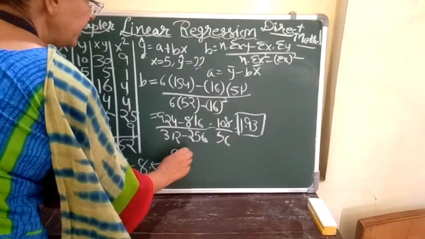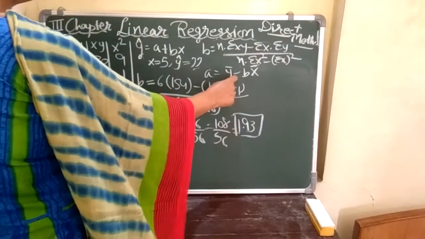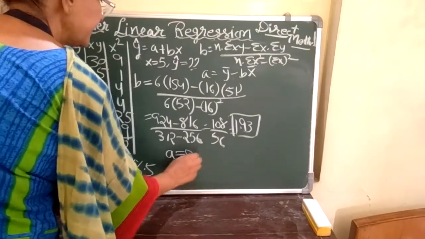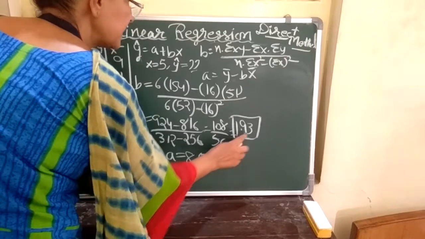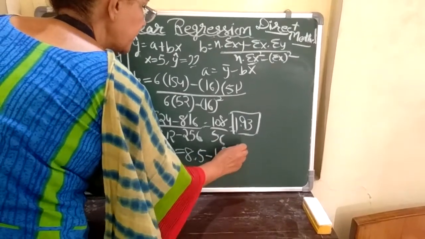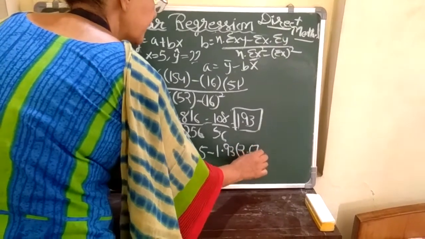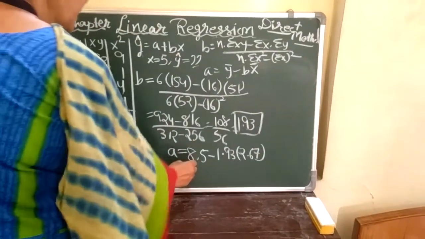Now we will find the value of A. The formula for which is y bar minus B x bar. Y bar is 8.5 minus B, which is 1.93, and x bar is 2.67.